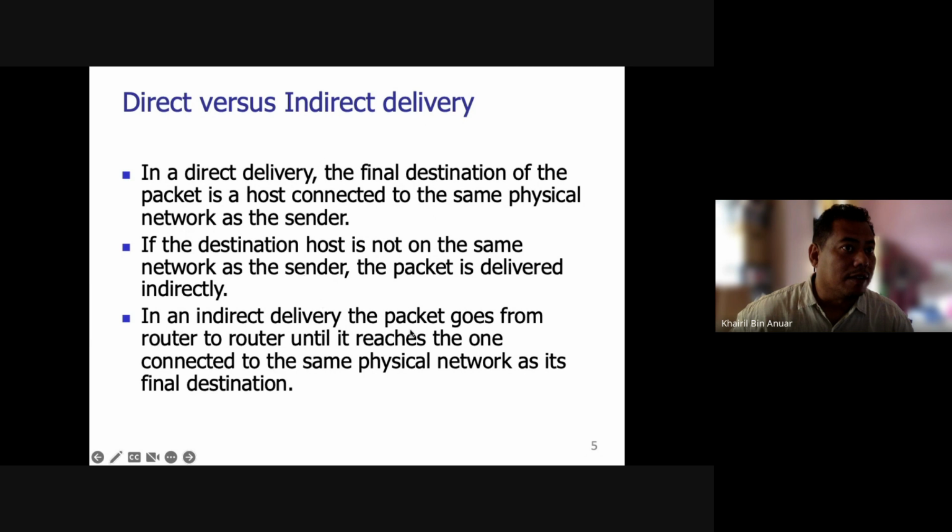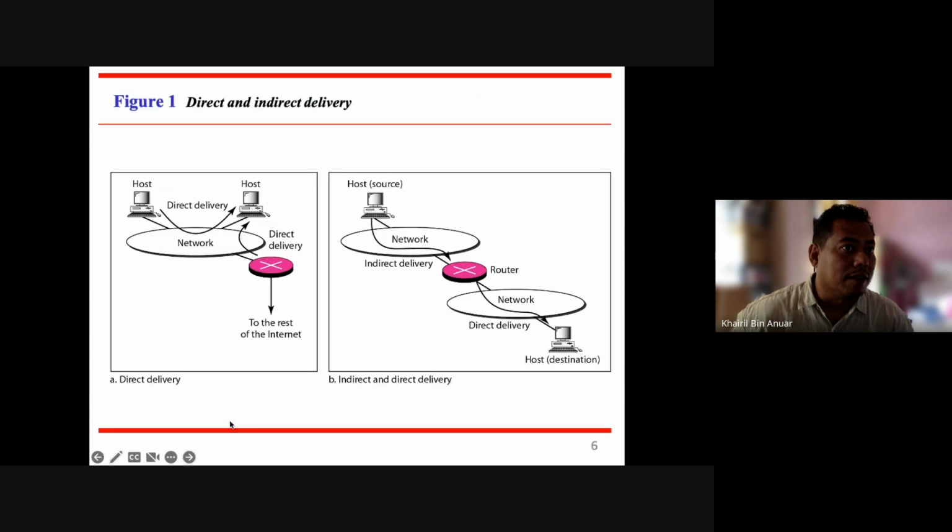In an indirect delivery, the packet goes from router to router until it reaches the one connected to the physical network as its final destination. These are the diagrams that differentiate between direct delivery and indirect delivery. For a direct delivery, as mentioned, it has the same network, meaning that it is physically connected through this network.